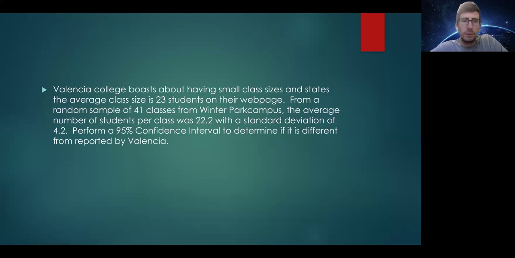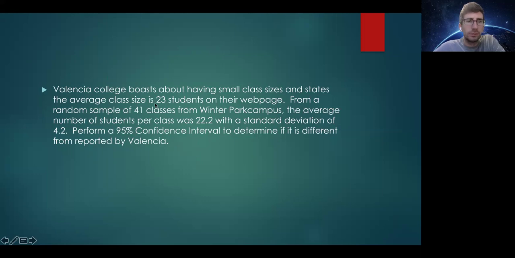From a random sample of 41 classes from the Winter Park campus, the average number of students per class was 22.2 with a standard deviation of 4.2. Perform a 95% confidence interval to determine if it is different from what Valencia has reported.